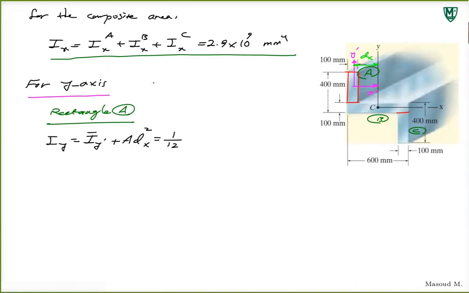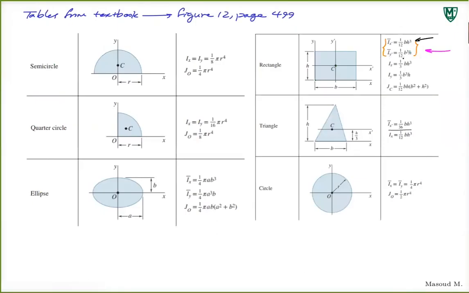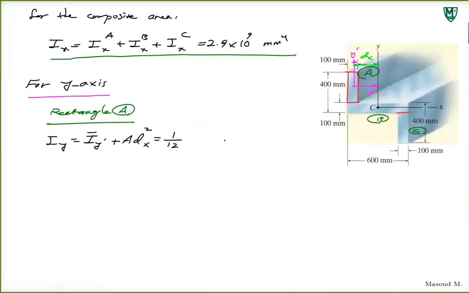All right. So it would be 1 over 12 B. What was that? We had B cubed H. All right. So or H B cubed plus A dx squared. Then these values would be 1 over 12. What is our H and what is our B, guys? We're looking at rectangle A, right?